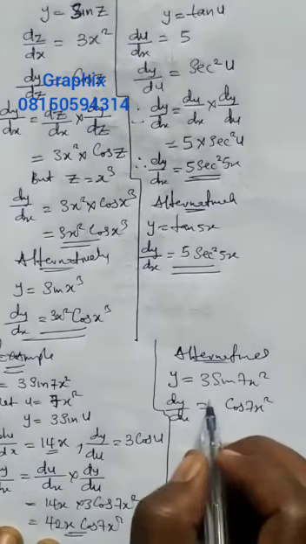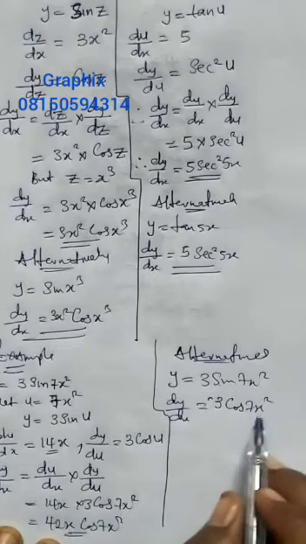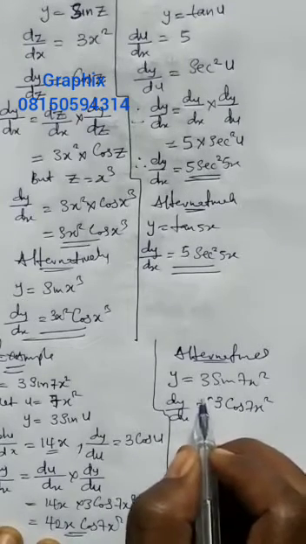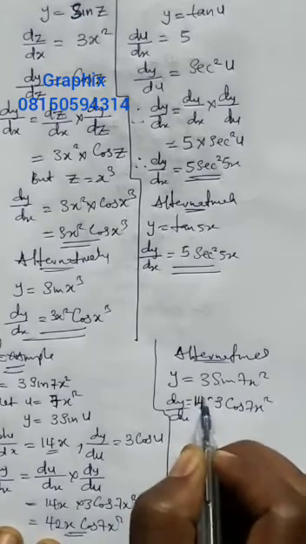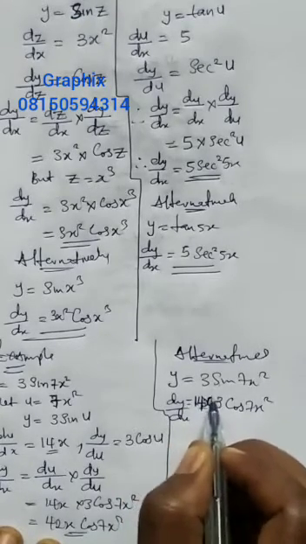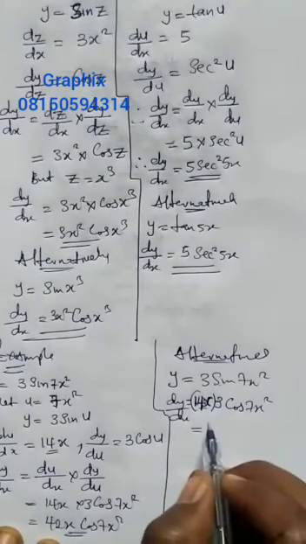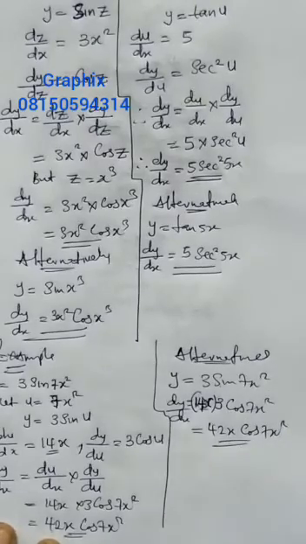And we have our 3 there waiting for us, right? So if you differentiate 7x squared, you have 14x, so you put your 14x there. So this will give me 14x multiplied by 3, and that will give me 42x cos 7x squared. Thank you very much.